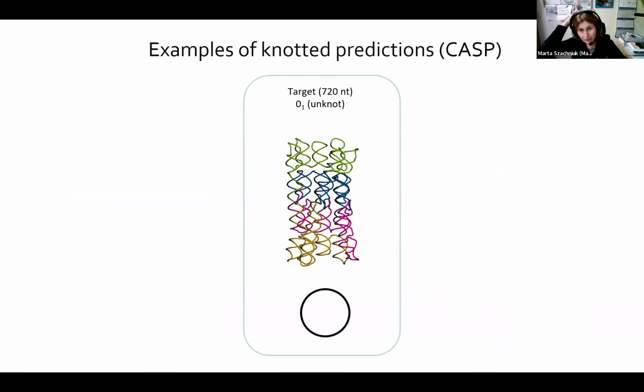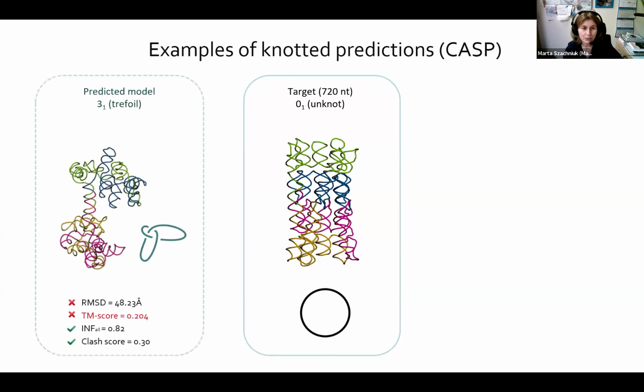And let me show you a few examples of predictions with knots. So first, let's look at topological knots detected with this Topological Python package. So here we have the target structure, which was the largest target in CASP15. And here is one of the predictions obtained. You can see that from the prediction itself, the model that you can see here, we can see nothing.